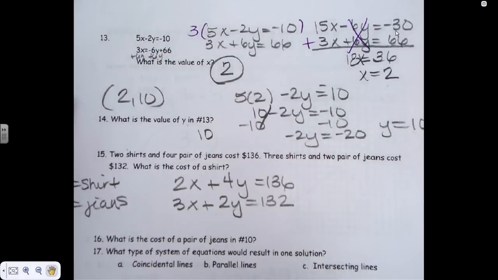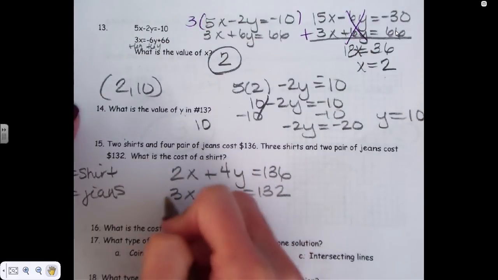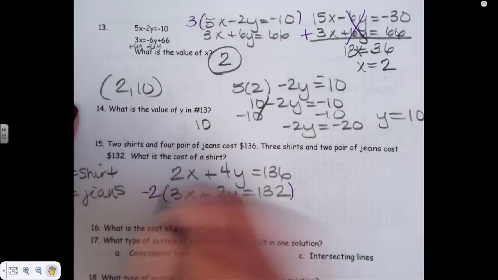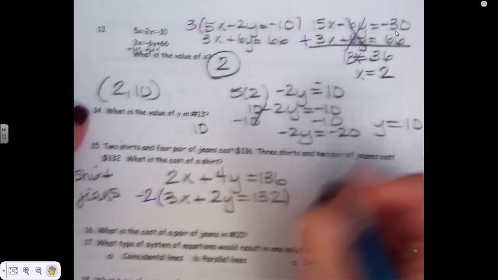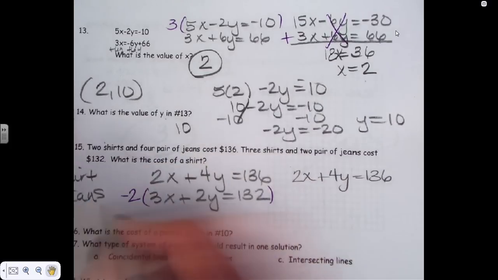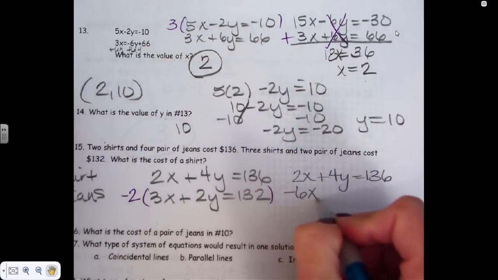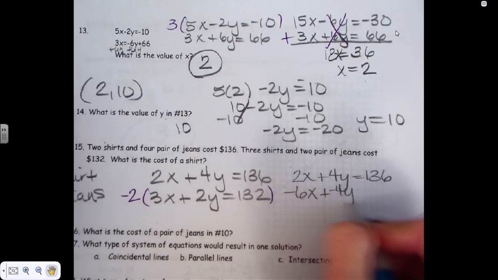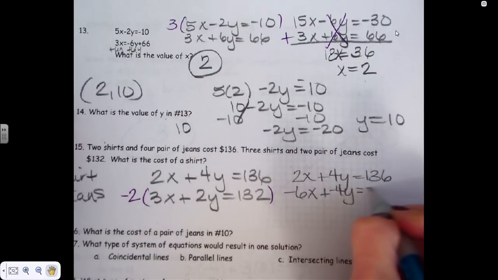Okay. So now I need to eliminate. I'm going to multiply the second one by a negative 2, so my y's go away. So 2x, I'm rewriting the first one, and then I'm going to distribute, and I get negative 6x plus negative 4y is equal to negative 264.